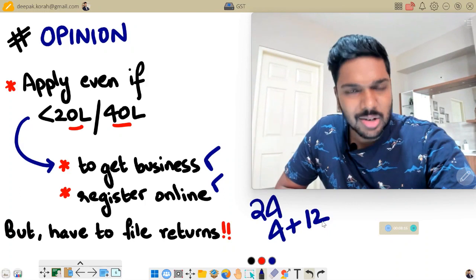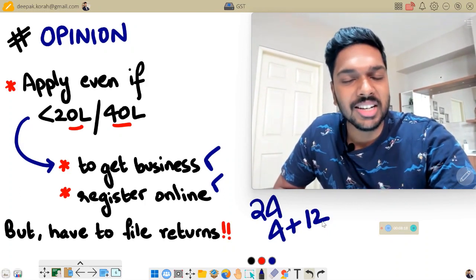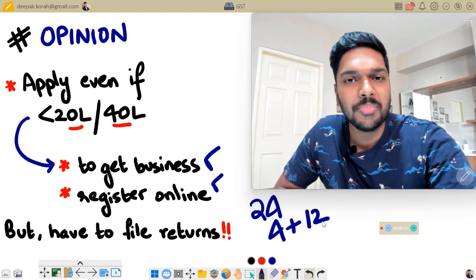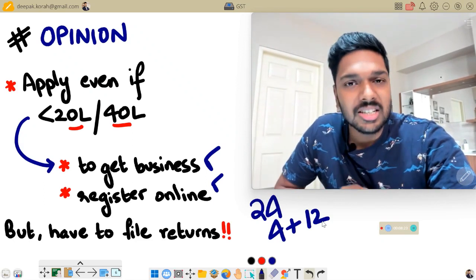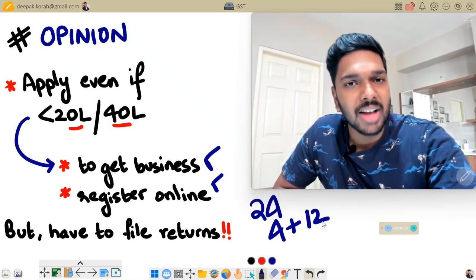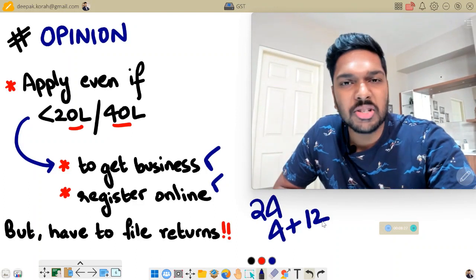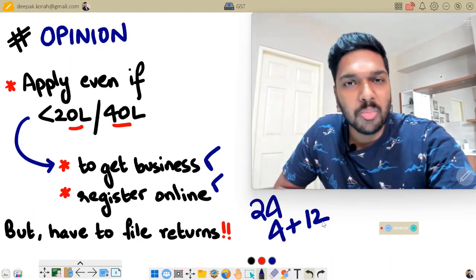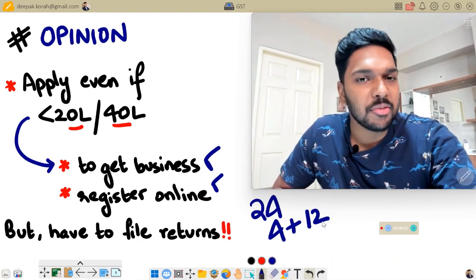This is the first drawback of obtaining a GST registration, that you need to file so many returns for every GST number, and you can imagine that if you have branches spread across 29 states, how many GST returns in a financial year you would have to file.